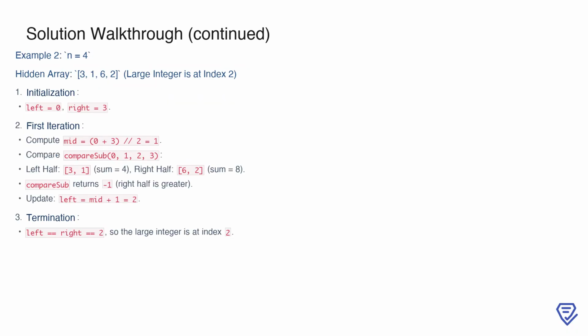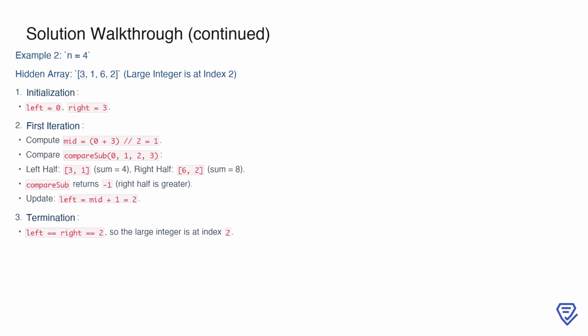In the second example, we have a hidden array of size 4 with the values 3, 1, 6, 2, where the largest integer is at index 2. We initialize left to 0 and right to 3. In the first iteration, we calculate mid as (0 plus 3) // 2, which equals 1.